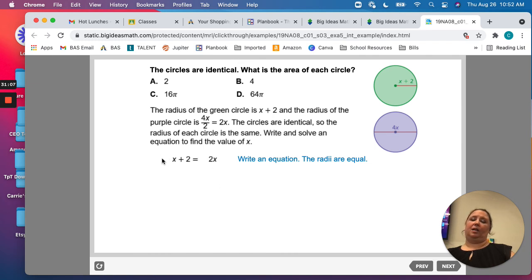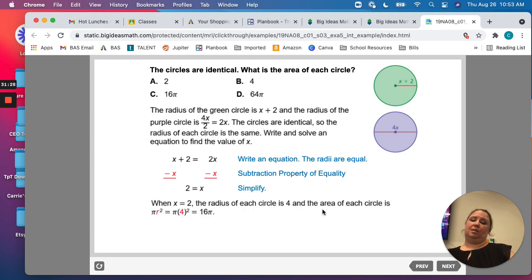So now we combine like terms. So I would subtract the x over here. So minus x, so 2 equals x. So now I can plug that in to the x to find out what the radius is of each of these circles, right? What is 2 plus 2? 4. So the radius is 4. And then, yes, you had it right. The area of a circle is pi r squared.